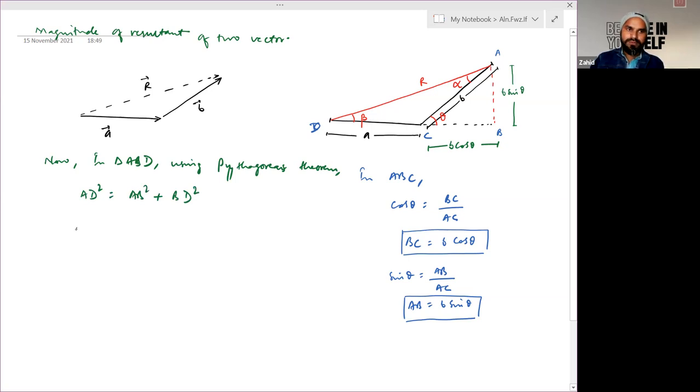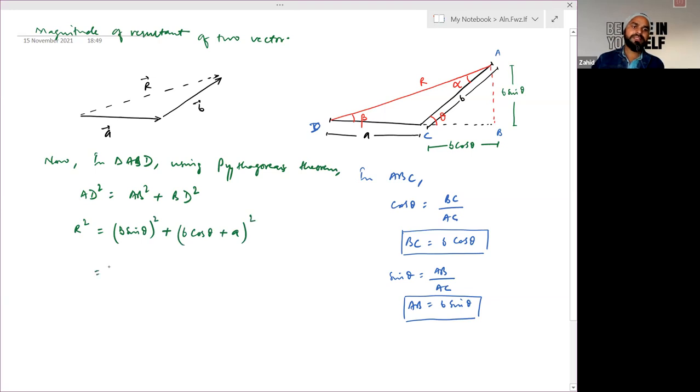AD is R, so it will be R square. AB is B times sine theta, whole square. BD is BC plus CD, so it will be B times cos theta plus A, whole square.